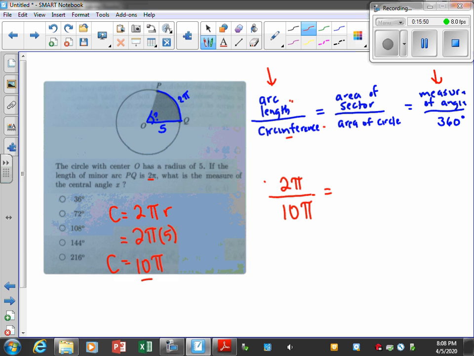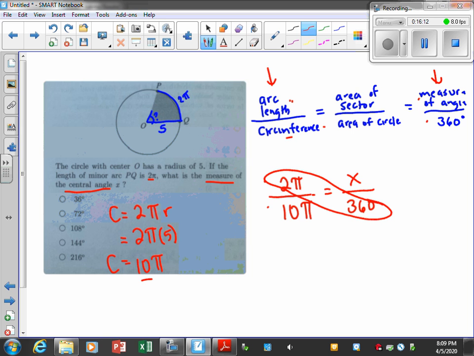So part over the whole is equal to part over the whole. So we have 360, and what we're looking for is measure of the central angle x. So measure of, that's the part over the whole. So you can set up a proportion there. Then once you have a proportion, you just cross multiply and divide.